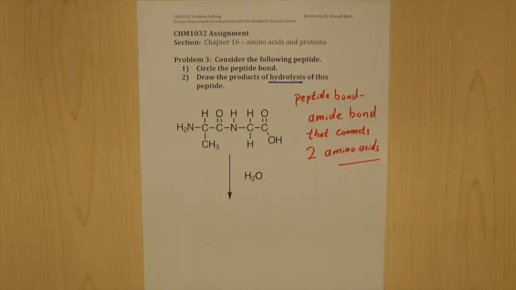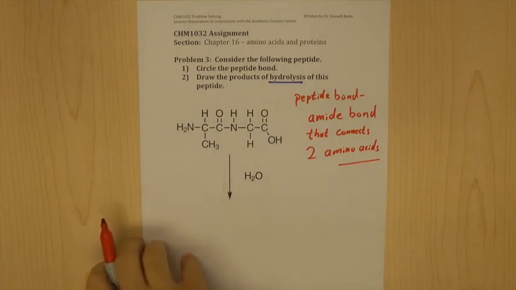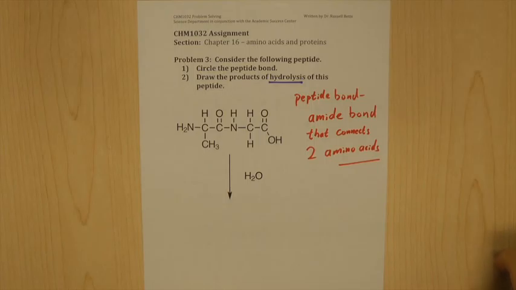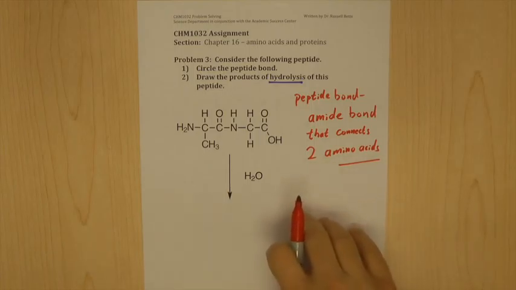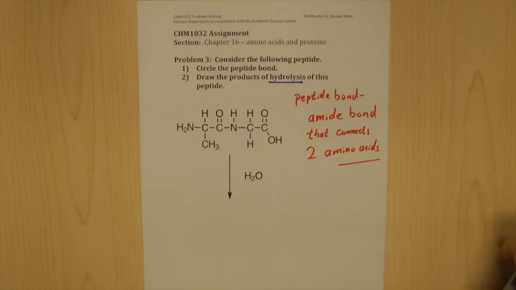That is a peptide bond. Now, all peptide bonds are amide bonds, but not all amide bonds are peptide bonds. A peptide bond connects amino acids. So a peptide bond is an amide bond that connects two amino acids.